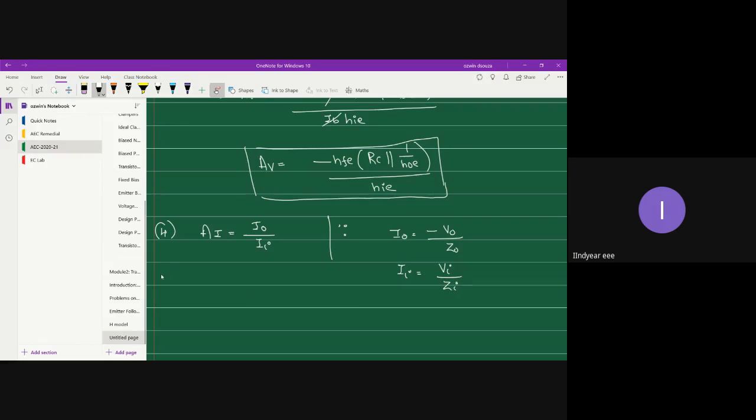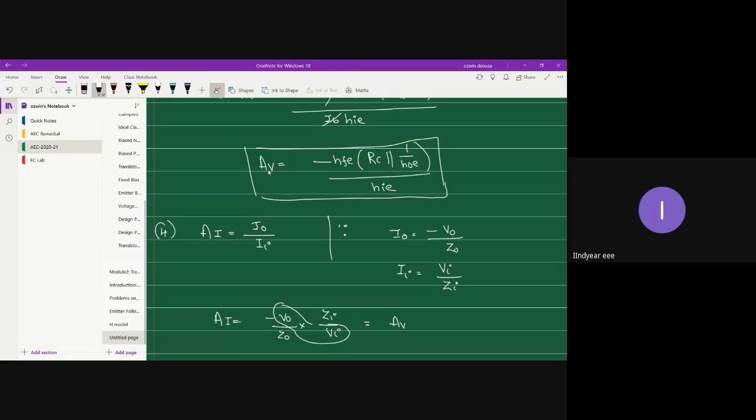You have a ready-made equation for Zi; in step number 2 you have calculated an expression for Zi. So you have to just take out the ratio: minus V naught by Z naught into Zi by VI. So we have this ratio V naught by VI, which is AV.